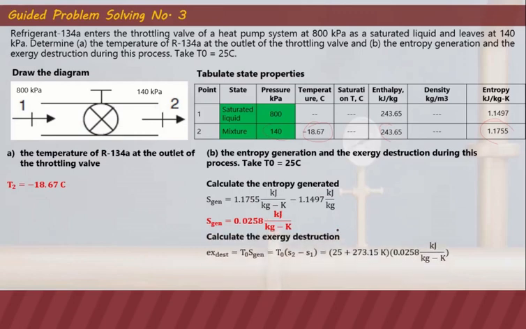For the exergy destruction, we will use this formula. Since we are not given mass, our value is per kilogram. That's why instead of using m T0 S_gen, we just use T0 S_gen. So just substitute. So we can get the exergy destruction as 7.69 kilojoules per kilogram.